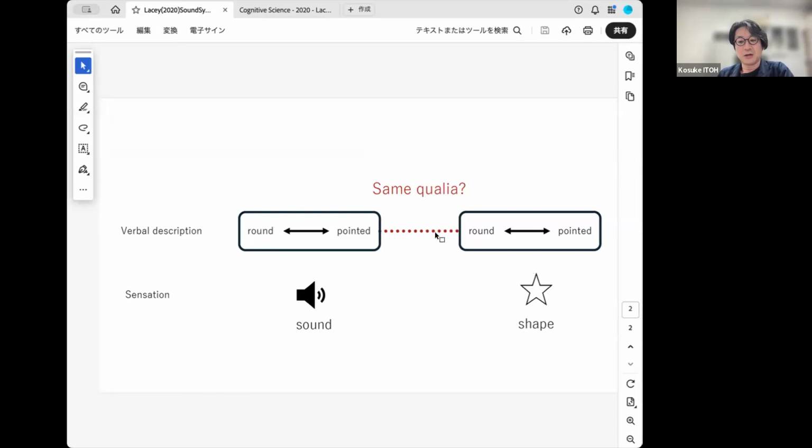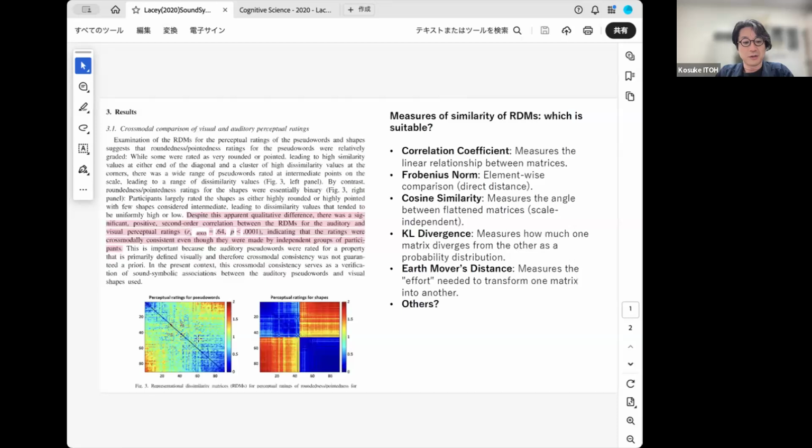The qualia itself is very hard to describe verbally, and we only have a limited vocabulary to describe them, so there is probably always a mismatch between the real richness of qualia and what the words imply. That is why we have these very different dissimilarity matrices in these results.